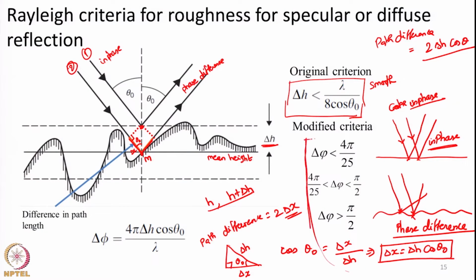If the phase difference delta phi is less than pi by 25, the surface is smooth. If it is between pi by 25 and pi by 2, the surface is intermediate. If delta phi is greater than pi by 2, the surface is rough. So, this is the Rayleigh criterion to characterize whether a surface is smooth or rough.